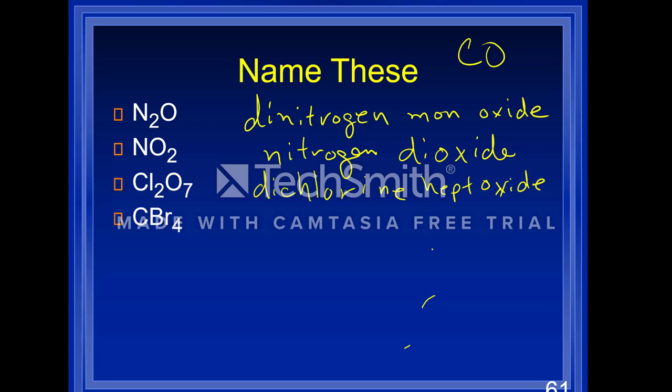So C, Br4. Why don't you go ahead and write it and see what you write. See if you get what I wrote. So write it down on your paper.